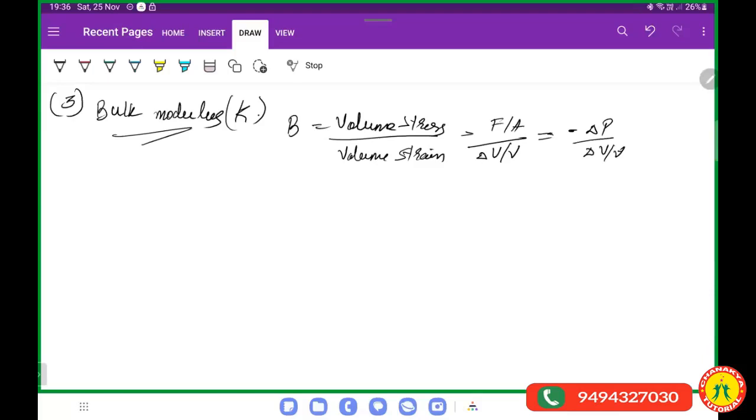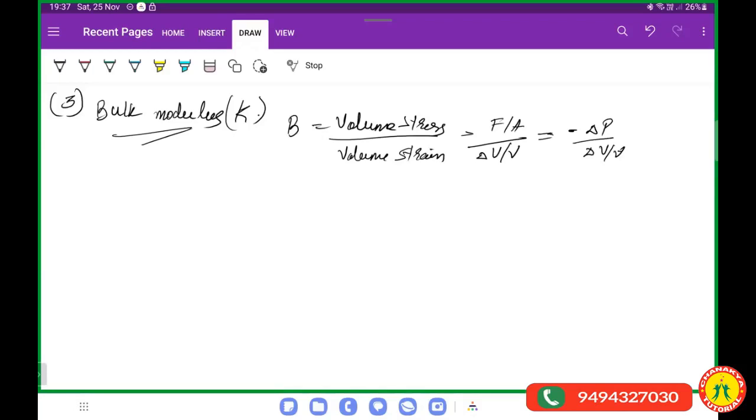Why is it negative? Because it will be opposite. The negative sign shows that this is a change of bulk modulus, because volume change is opposite to pressure.